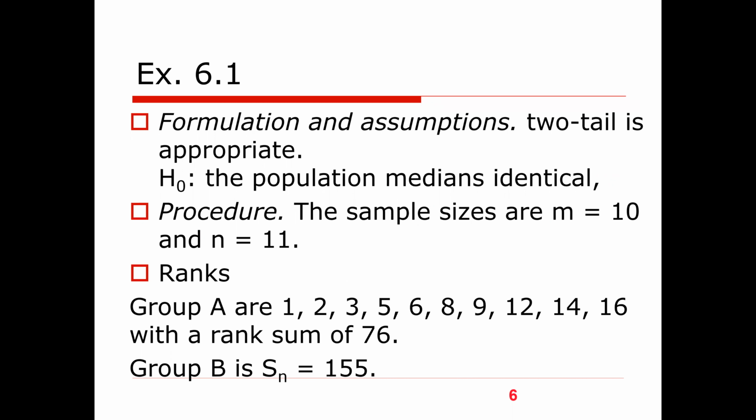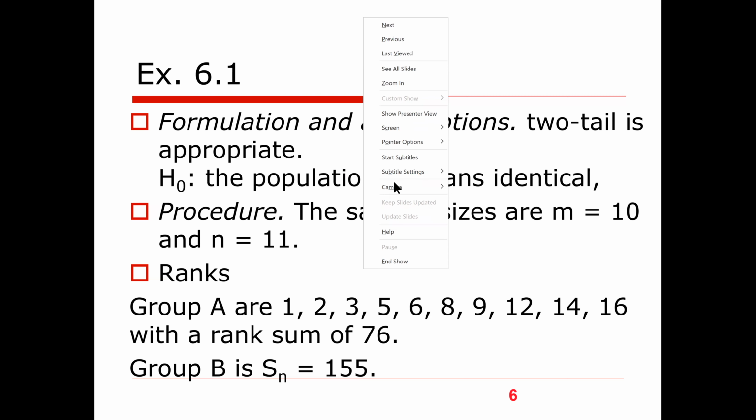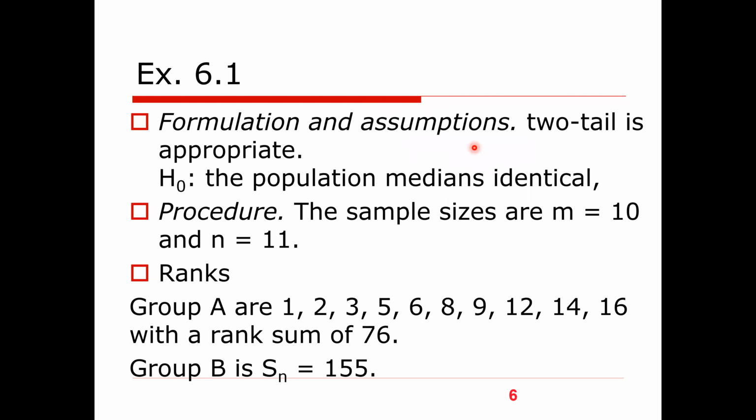This is a two-tailed test, right? We don't know which group or which model may be faster than the other. We just want to test if they are different. So the null hypothesis is that their population medians are identical, and the alternative is that they are not identical.